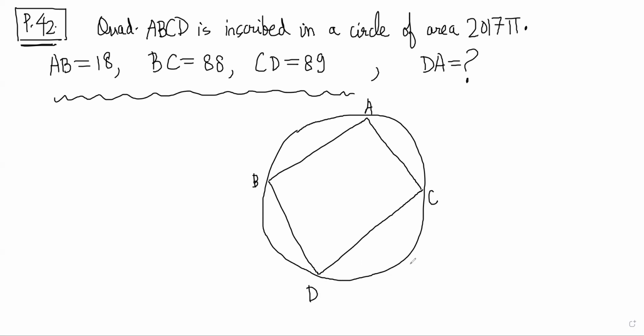And then we assume the center and join all of the vertices to the center. Then we can calculate the individual areas and equate it to the total area of the quadrilateral using Brahmagupta's formula, and that will give us an equation, which we will solve.